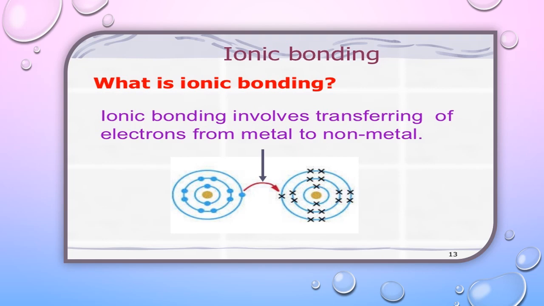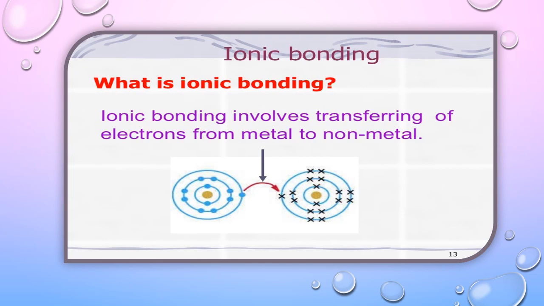And before we learn the examples to understand the formation of ionic bonds, we should know what type of elements form ionic bonds. Okay? The metal atoms have usually 1, 2 or 3 electrons in their outermost shells, which they can donate to form stable positive ions.